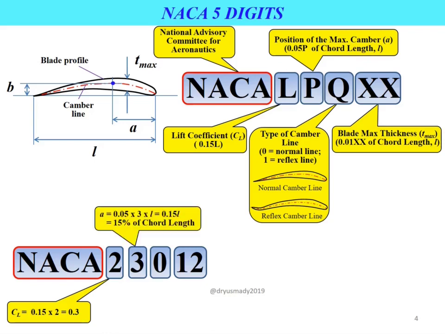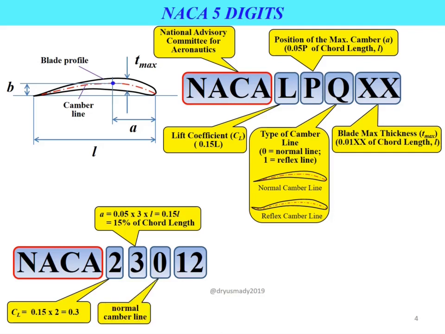From the third term of the code, which represents the P code, we can get the value of distance from the leading edge point, which equals 0.05 times P code value times chord length distance, which is equal to 0.15 L. The value of A equals 15% of chord length distance.